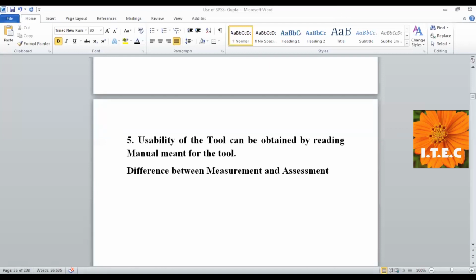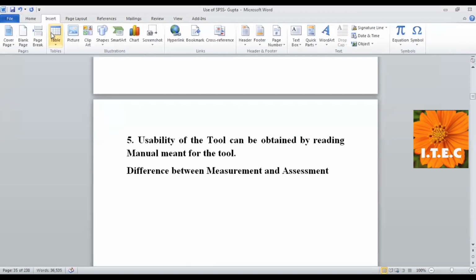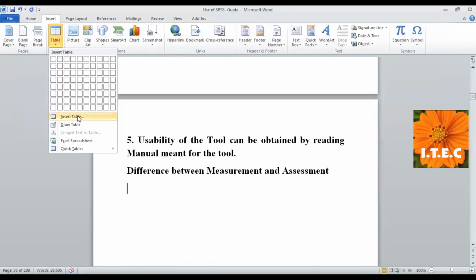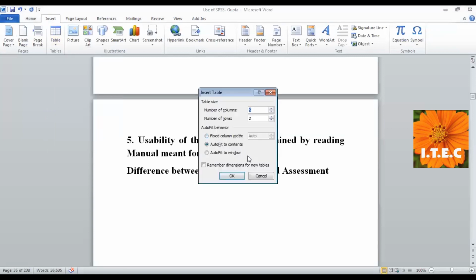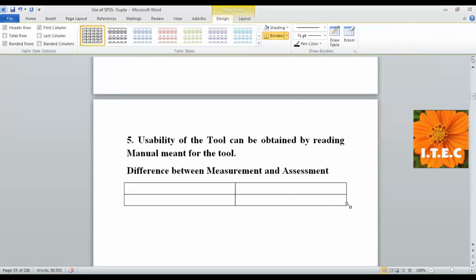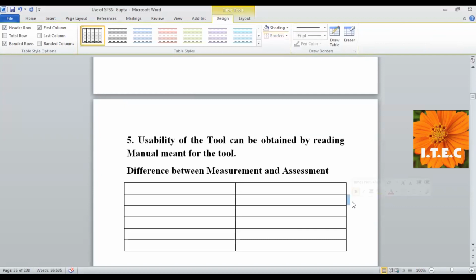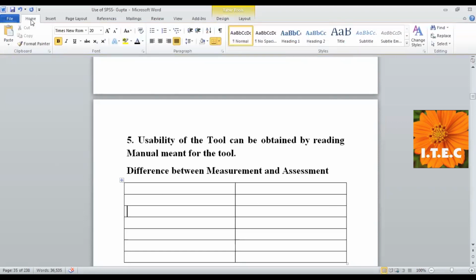So now, do you know the difference between measurement and assessment? Do you know the difference between measurement and assessment? Should I tell you or you know it?